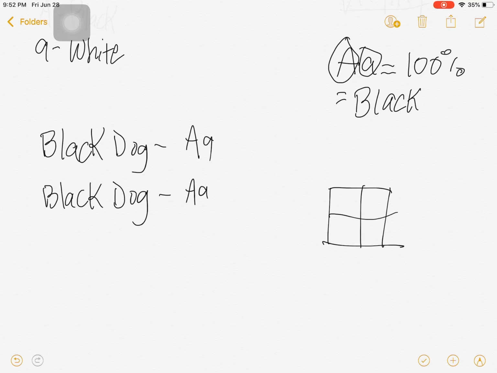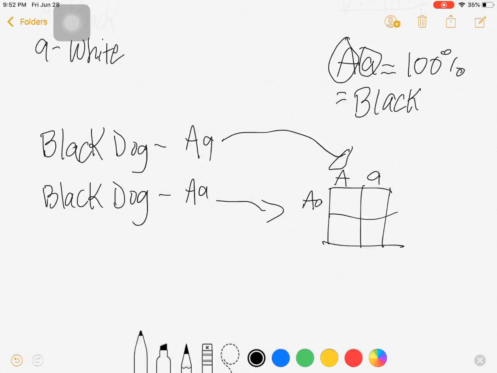If not, just a little bit more practice, it'll be fine. So again, this parent goes here, capital A, lowercase a. This parent goes here, capital A, lowercase a. We fill in the boxes like so.